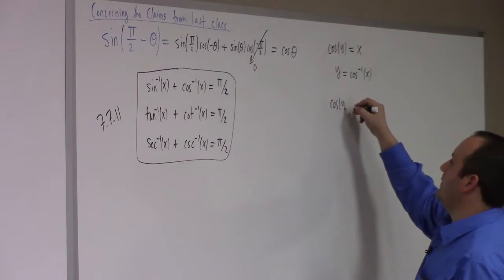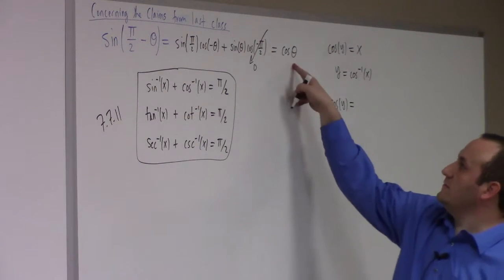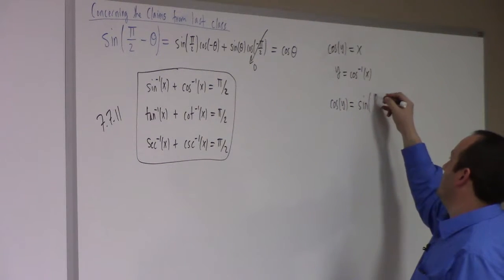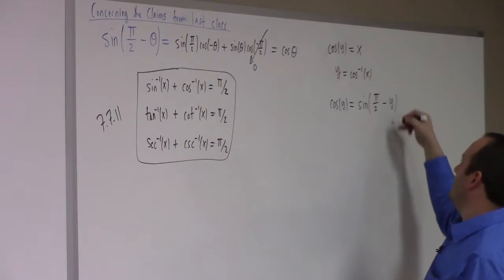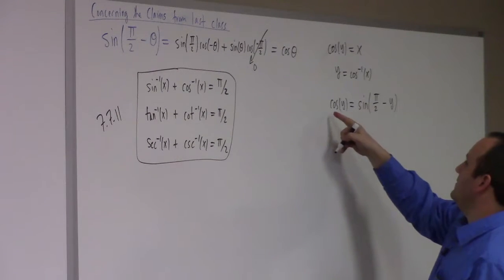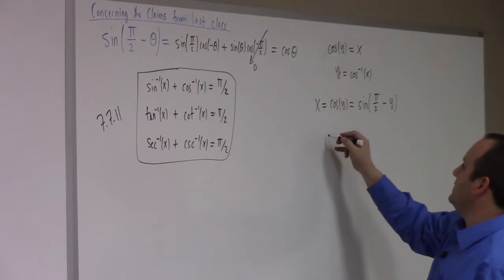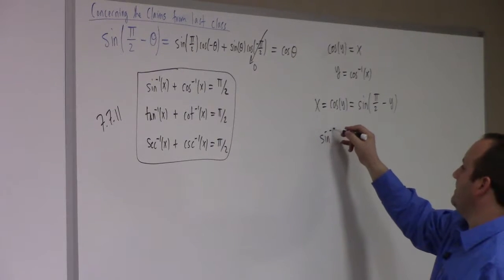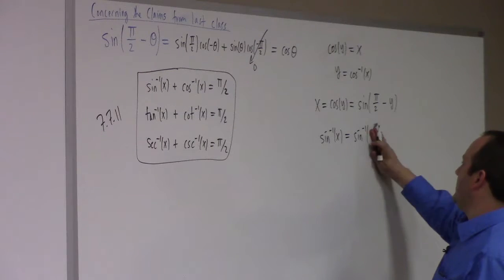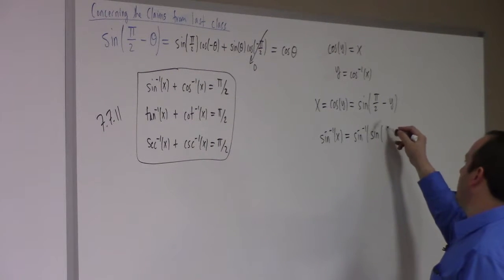Cosine of y is equal to, what is it equal to? Put theta equal to y. We get sine. So if you take, but this is x, right? So this tells us that sine inverse of x is equal to sine inverse of sine of pi over 2 minus y.